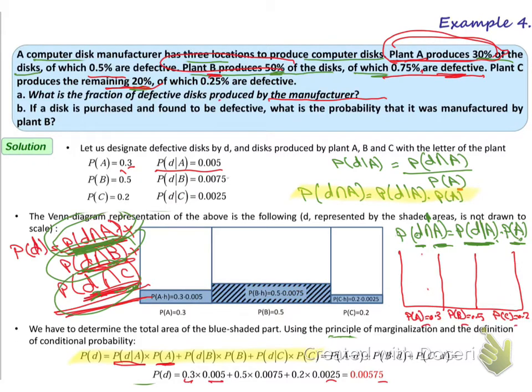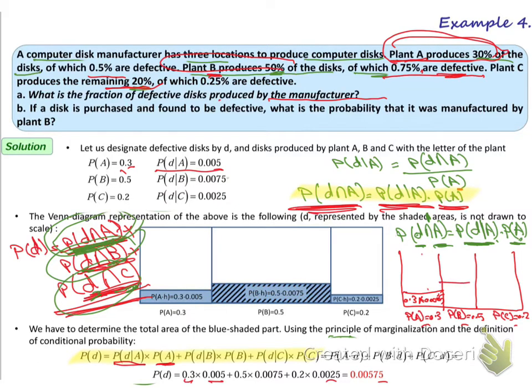Inside, here it will be the intersection probability of A and the defective works, the probability of being A and defective. So it will be the multiplication of them. You remember the law: the probability of the intersection is the probability of the given times the probability of A itself. So it will be 0.3 times the probability of the given, which is 0.005.